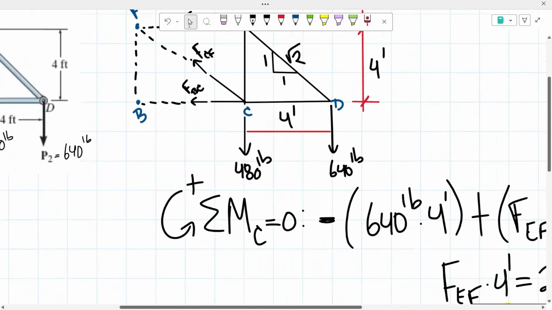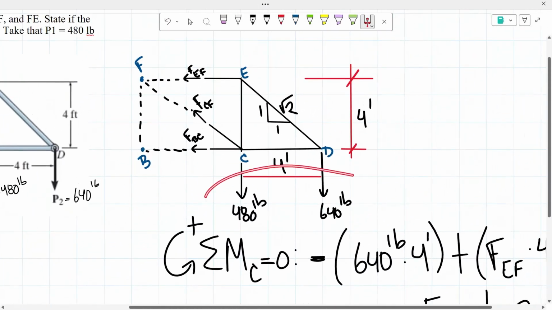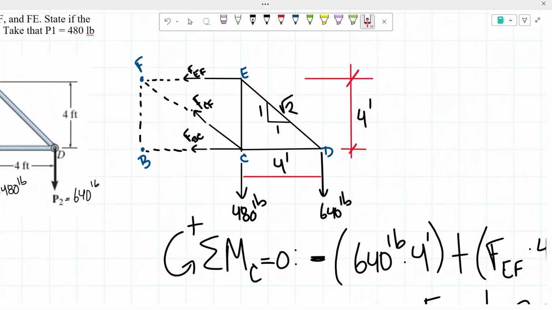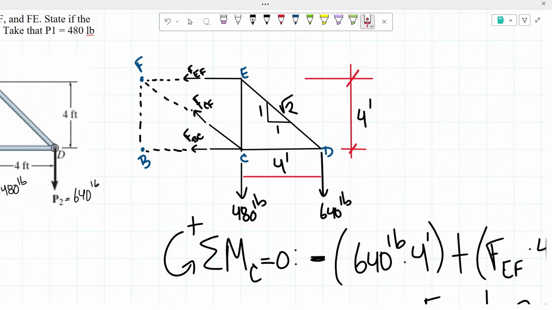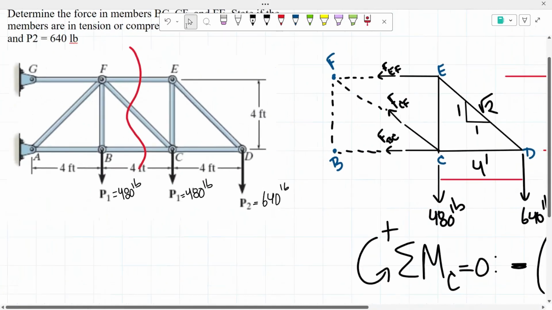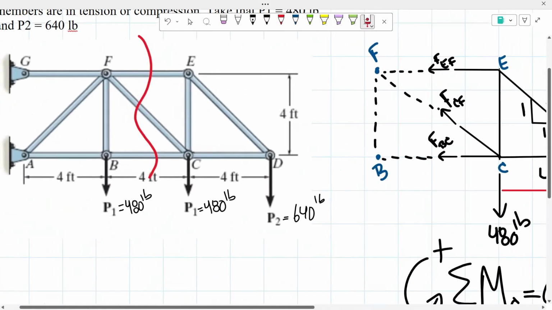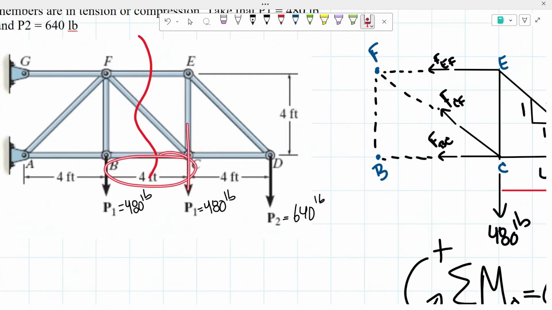From there, we have two forces on the right side of the point going downwards. So we know that both of these are also going to be creating a clockwise moment, meaning that they're both going to be negative moments. So quickly looking at this, the force for the first one is going to be 480 pounds, but the distance is going to be 4 feet. From here to here is 4 feet.